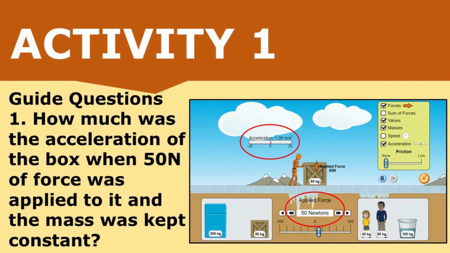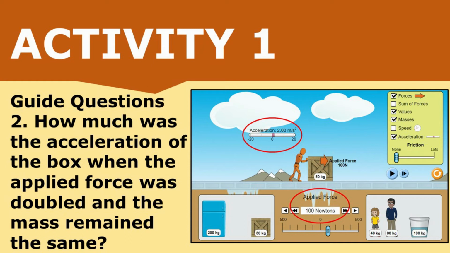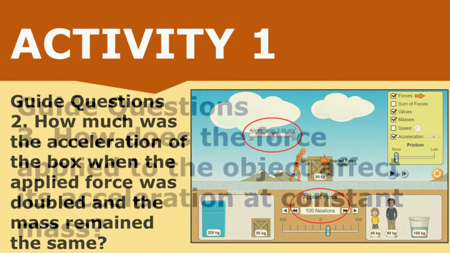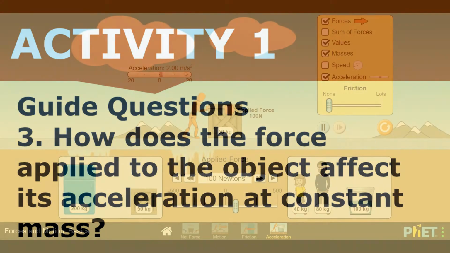How much was the acceleration of the box when 50 newtons of force was applied to it and the mass was kept constant? Number 2. How much was the acceleration of the box when the applied force was doubled and the mass remained the same? Number 3. How does the force applied to the object affect its acceleration at constant mass?